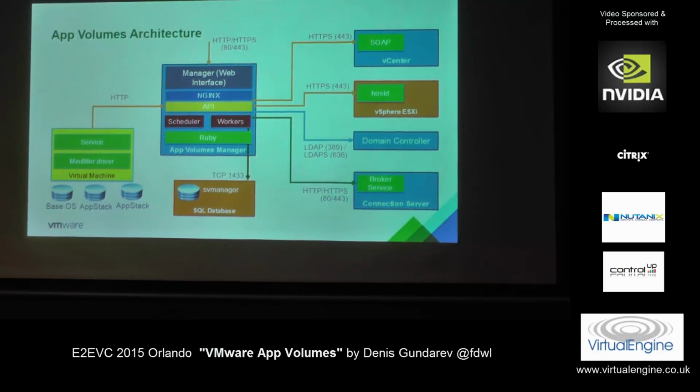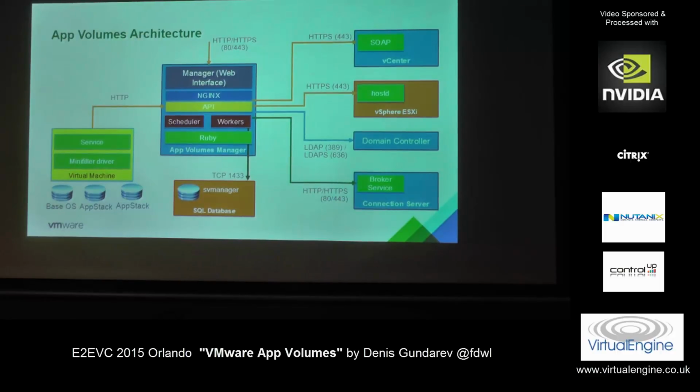So on the target computer, on the VM or on the physical computer, we have the AppVolumes agent that basically consists of two pieces: a file system virtualization driver, and a service that communicates with the manager to get user assignments, application assignments, or other information.